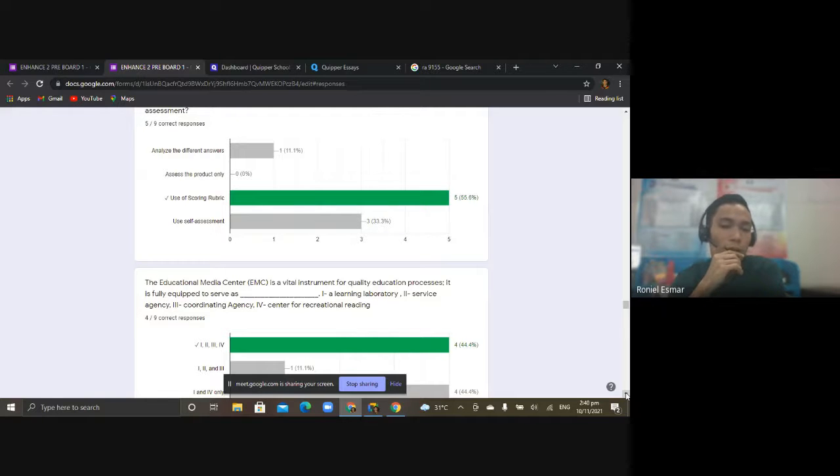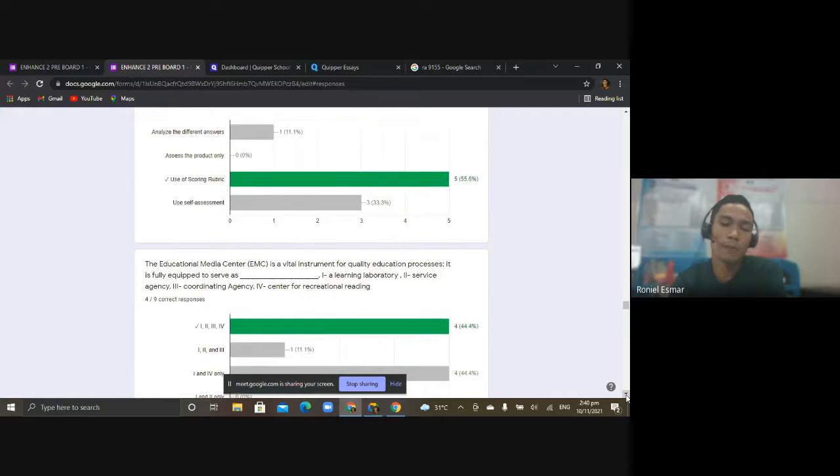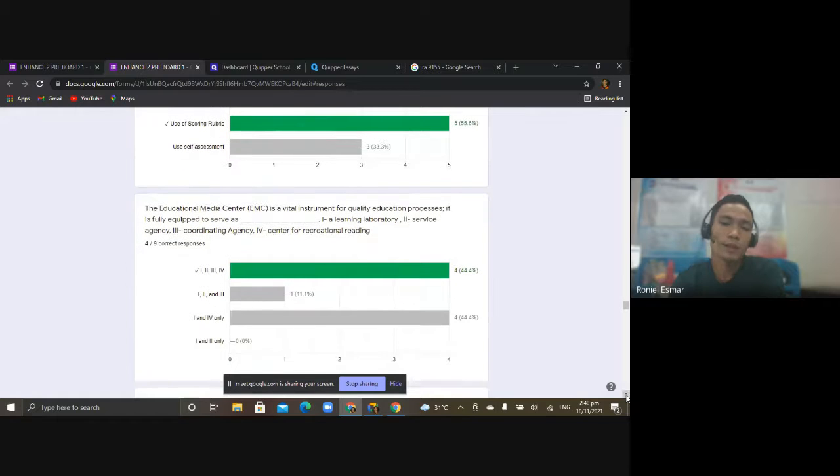These are agencies or areas that also have a direct relationship with the education processes, or the teaching and learning processes. Therefore, all of those mentioned are included and relevant to the purpose of the EMC or Educational Media Center. So the correct answer is letter A or option number one: 1, 2, 3, and 4.